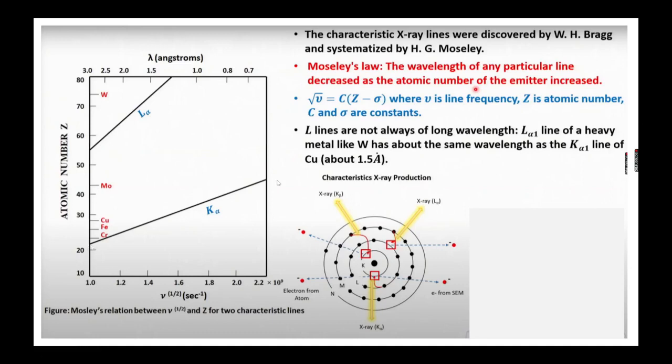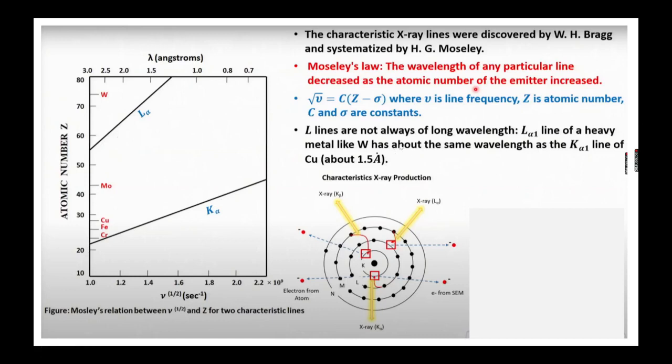For the lower atomic number, this is the higher range, and when we increase the atomic number, this will be the lower range. So the wavelength of any particular line is decreasing when the atomic number is increasing. This is for the long range and this is for the shorter range.